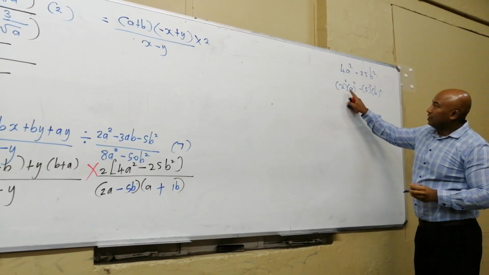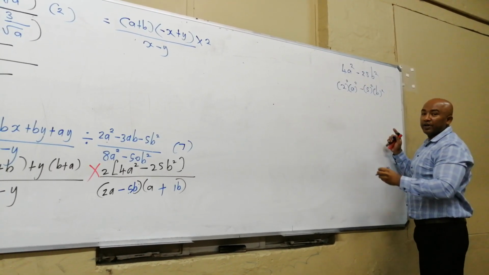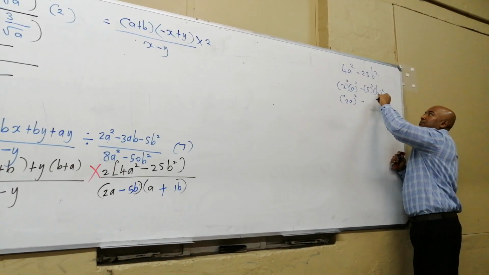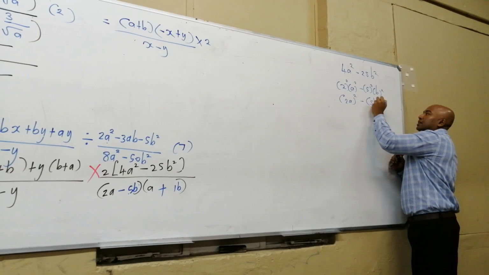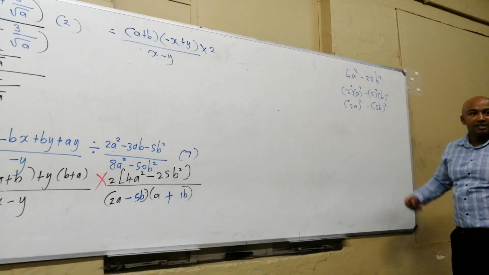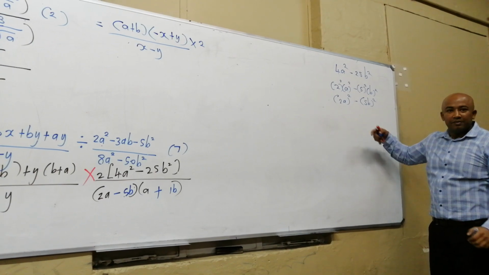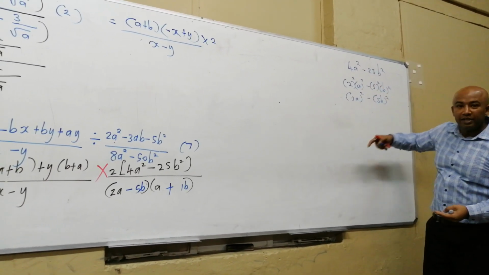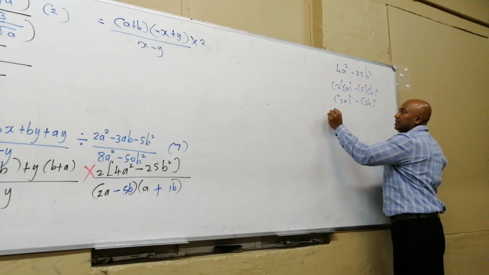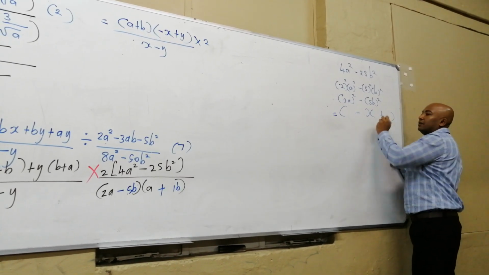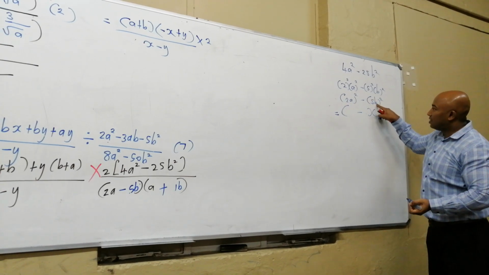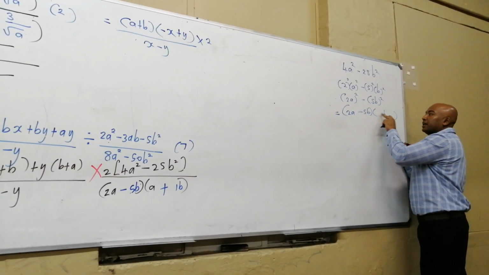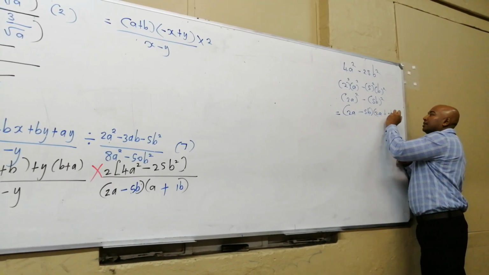So, you got 2 squared times a squared, which is the same as 2a all squared. 5 squared times b squared, which is the same as 5b all squared. This is showing every single thing. But obviously, once you know it, then you go straight from here to here, and it's straight from here to the final answer. So this is going to be a minus b, or x minus y, that's your x, that's your y. X minus y, so that will be 2a minus 5b, x plus y, 2a plus 5b.